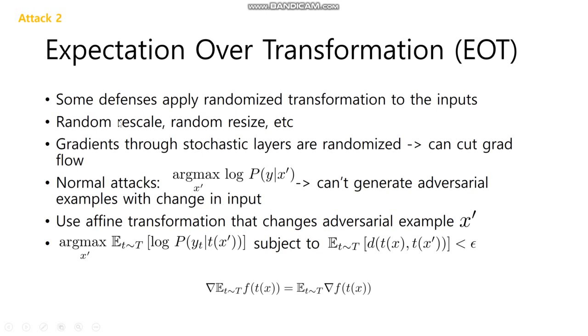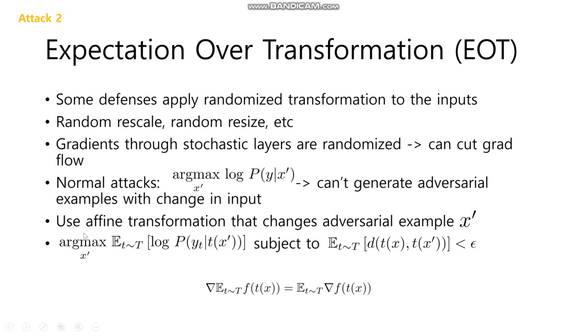Now, if we do that, gradients through stochastic layers are randomized so that we can cut the gradient flow. Normal attacks, which are described by this formula, where we want to find x prime which maximizes this, can't generate adversarial examples with a change in input. So EOT uses an affine transformation that changes the adversarial example x prime.